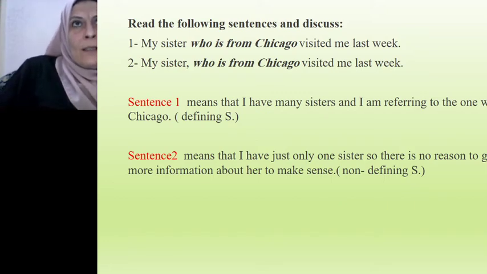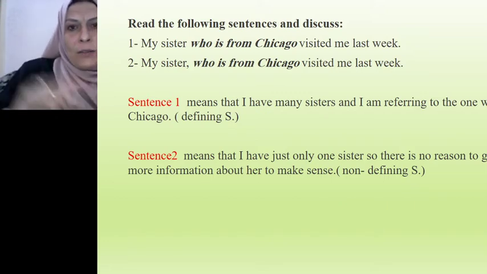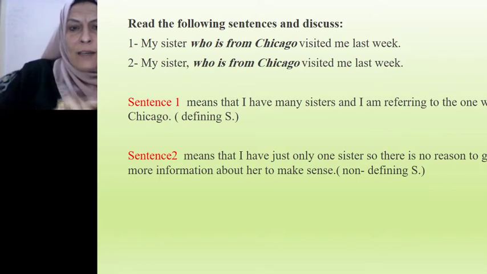Does it make sense? Before I tell you more about these sentences, I'm going to give you a particular example. If I told you that I have 3 sisters, one is in Chicago, another is in Jordan, and the third is in Sharjah, and I told you that my sister visited me last week, you would ask me which sister I am talking about.